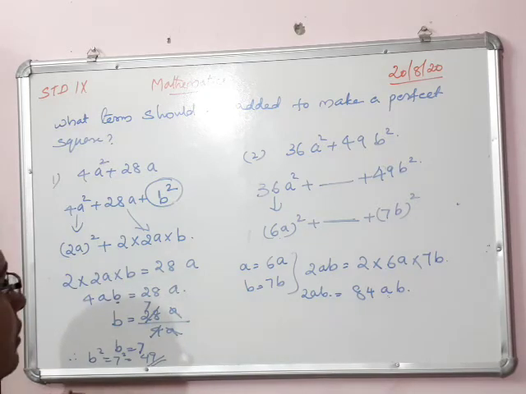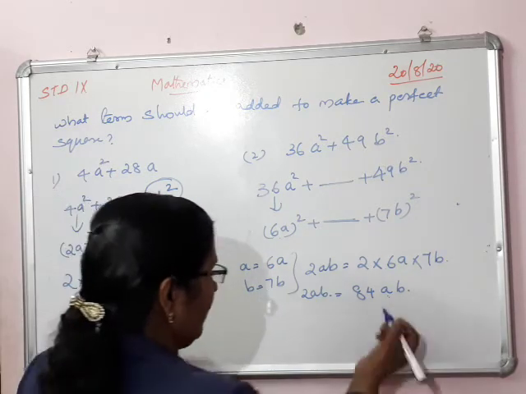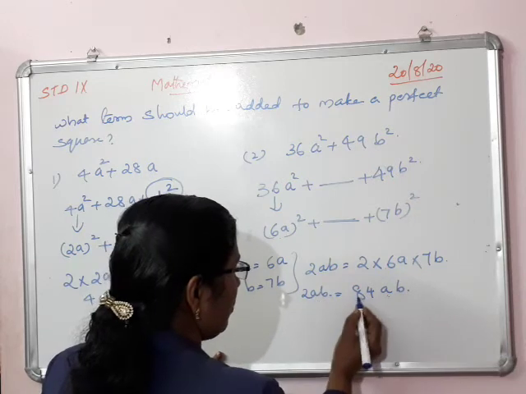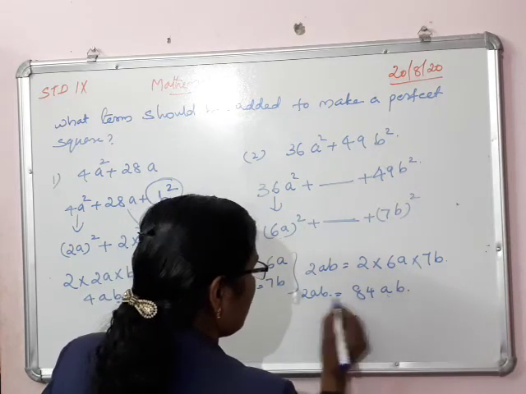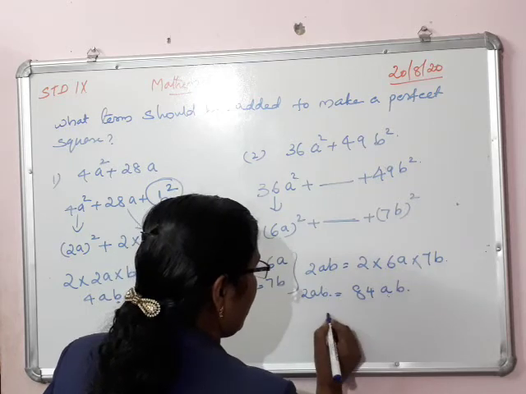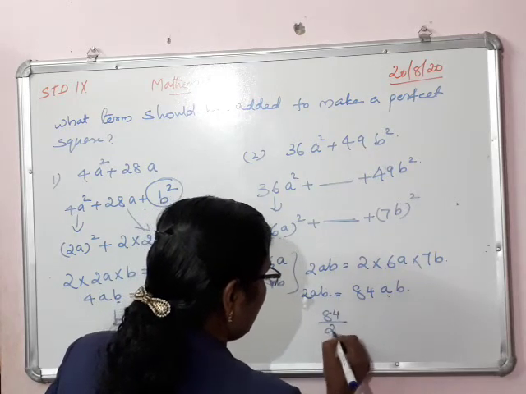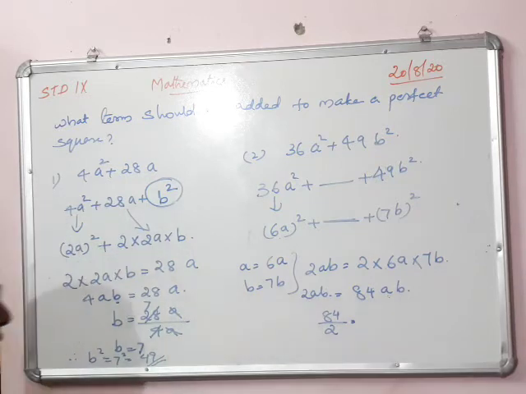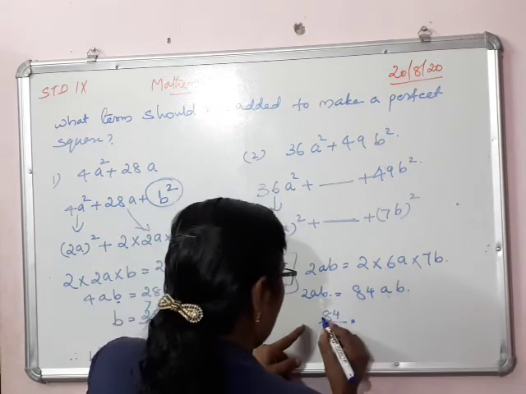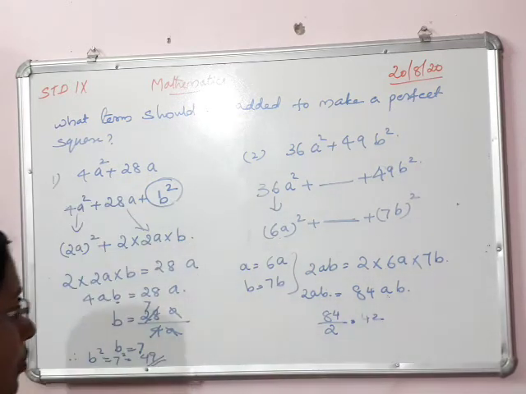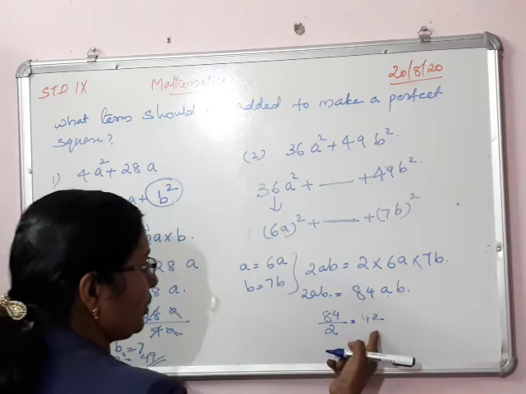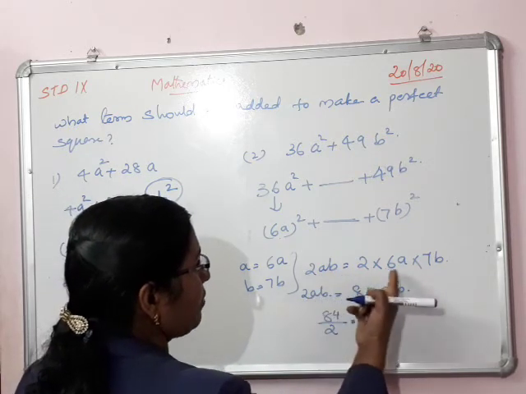Correct now? Okay. Therefore dividing 84 by 2, what will come? 84 divided by 2 means what will come? That is 42. That is 2ab. This is 42. Is it?